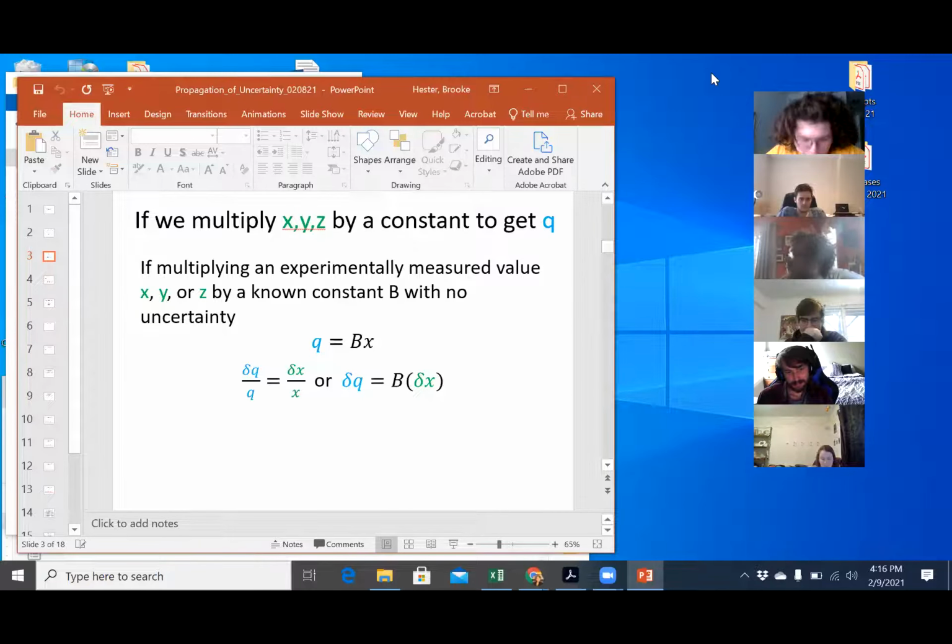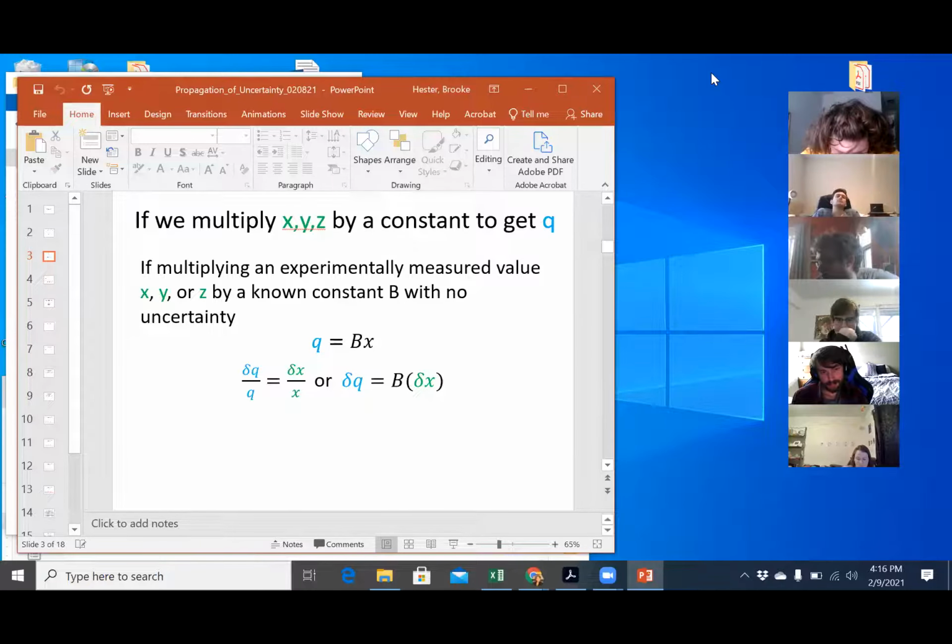Okay, sorry. If we measure x, y, and z and we multiply x or y or z by a constant, like capital B is our constant here, then the uncertainty in q, the uncertainty in our final value, is going to be the uncertainty of our measured value x times that constant.